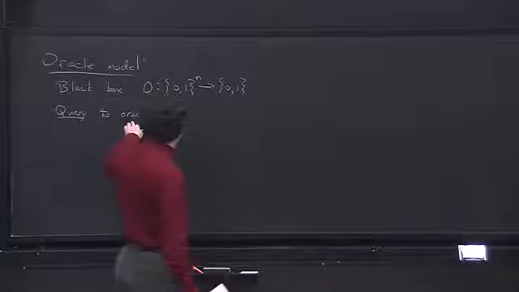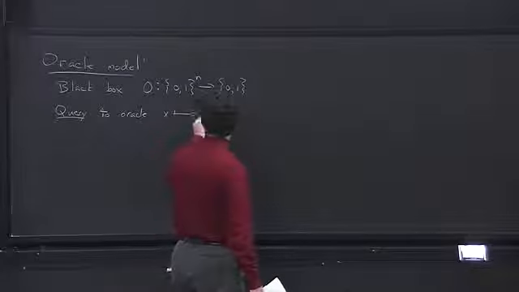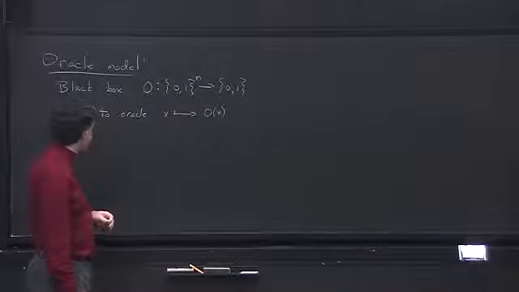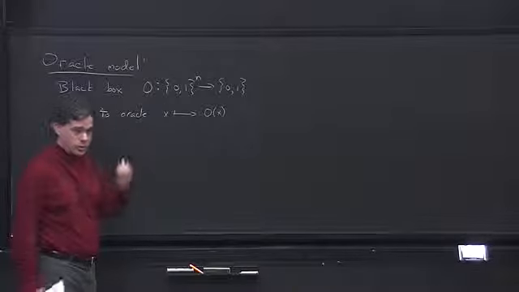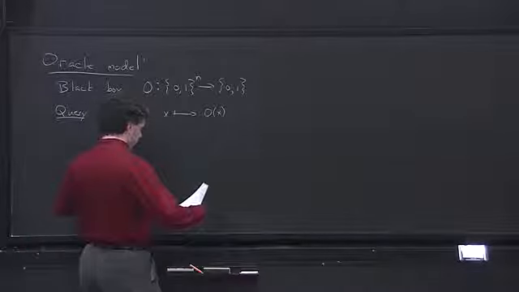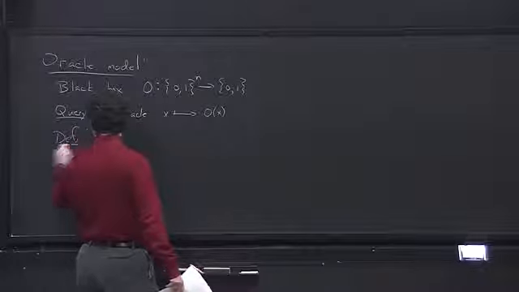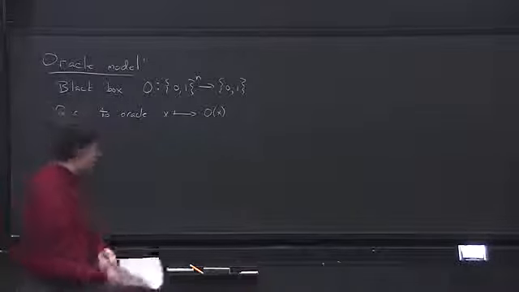So anyway, we make queries to oracles by giving them some input and getting the output. Okay, and that's all we can do with oracles: we can give them inputs and make queries to them. And so what we want to do then is to compute some property. We're given this oracle, and we'd like to compute some property of it.